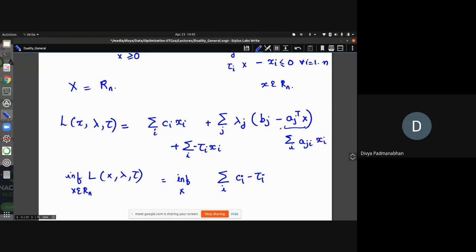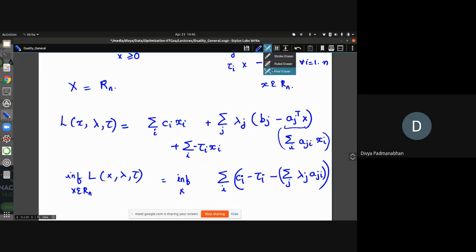Each of these A_j transpose x is going to be of this form. So if I group it in terms of the x_i's, what I'm going to get here is c_i minus tau_i minus summation over all the j's, lambda_j a_ji, times x_i.